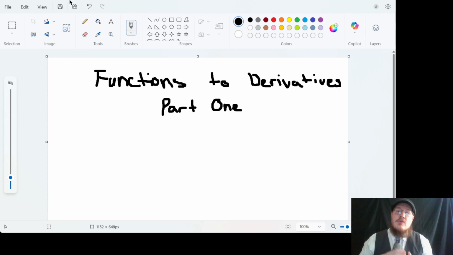And what functions or equations are is basically you are solving for a value when you plug another value into that equation. Okay? So you will hear these interchanged between equations and functions. They have different types of roles, but in certain contexts, they are exactly the same. An equation is a function.